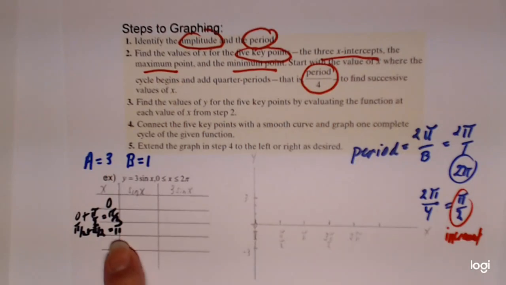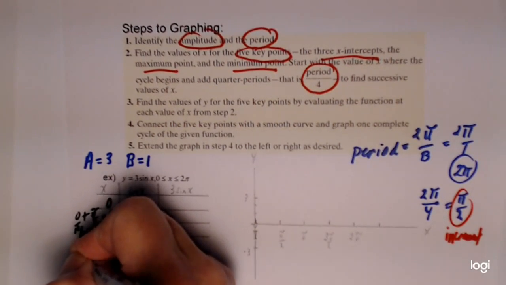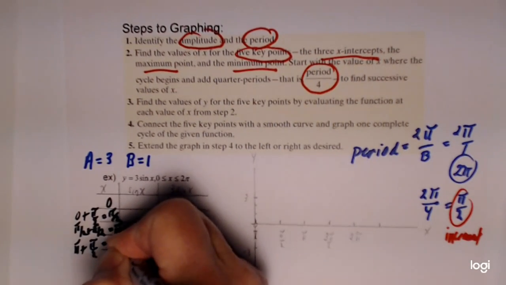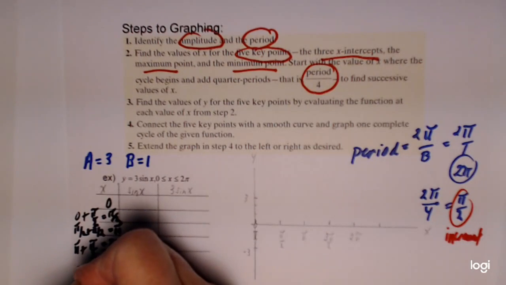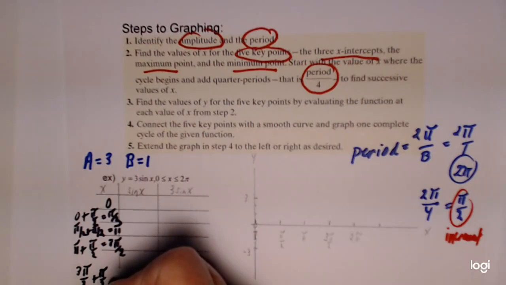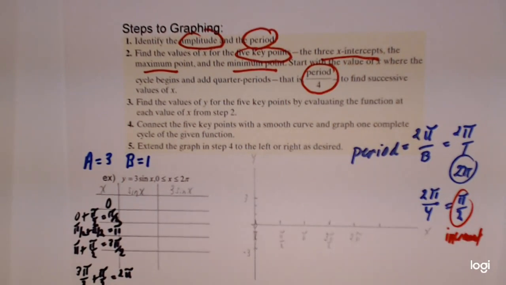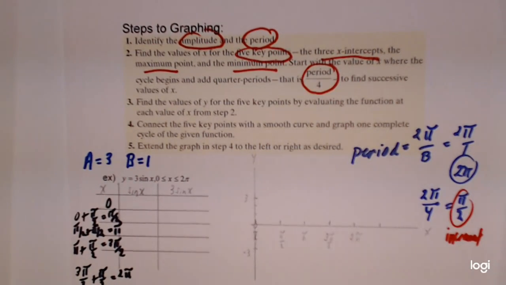Continuing from here, we have pi, and now we're going to add another pi over 2, and now we get 3 pi over 2. This is getting kind of squashed in there. Hope you can see it. And last but not least, we have 3 pi over 2, add another pi over 2, and this brings us to our 2 pi. So to get the 5 critical points, you start at your beginning x value.